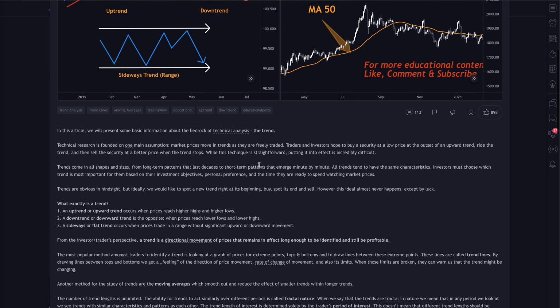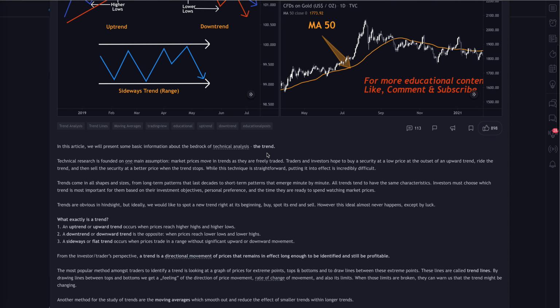While this technique is straightforward, putting it into effect is incredibly difficult. And why is that? Because oftentimes people fear buying it at the bottom when it has bottomed or selling it at the top in fear of missing out on more gains. But let's get more into it.